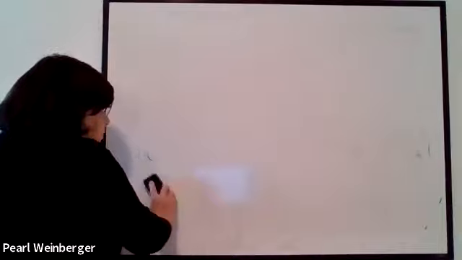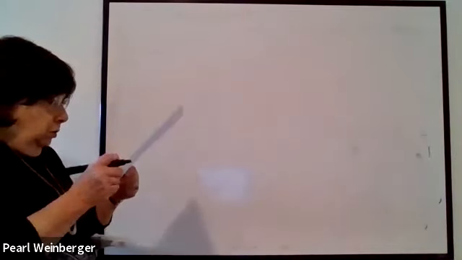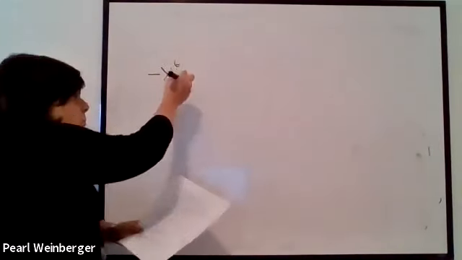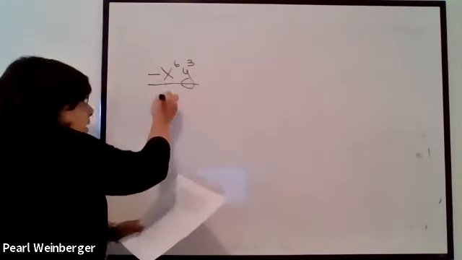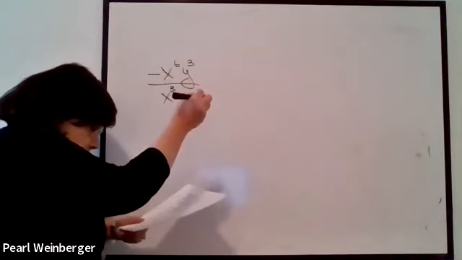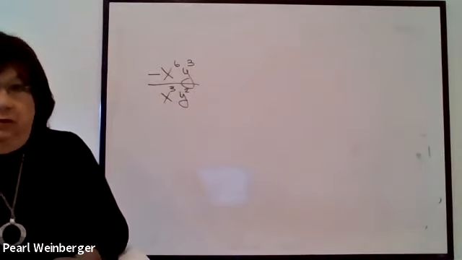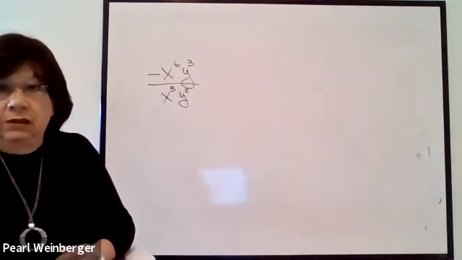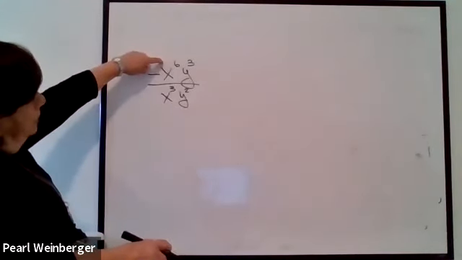What happens if we have something that looks like this? -x to the 6th y cubed over x cubed y squared. What if I have a fraction with variables in it? If you recall, what we said we do in that case is we take each variable and we divide.